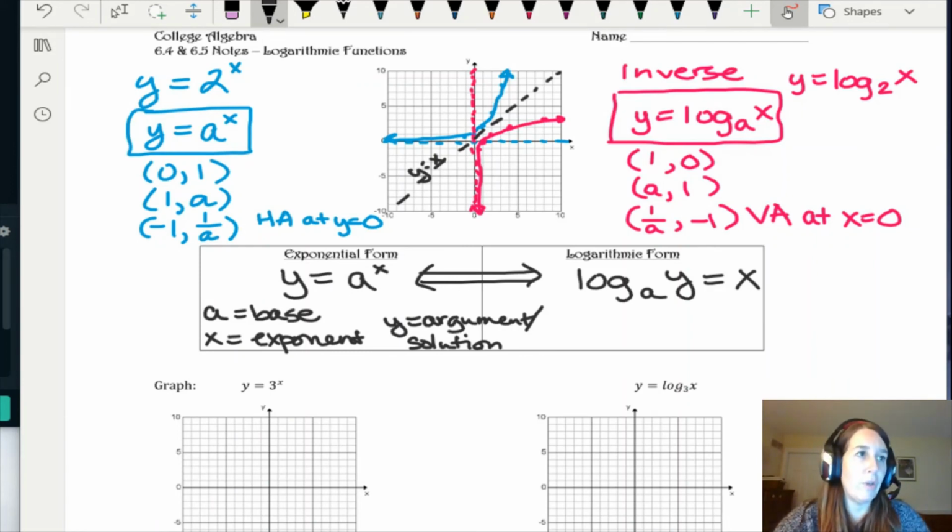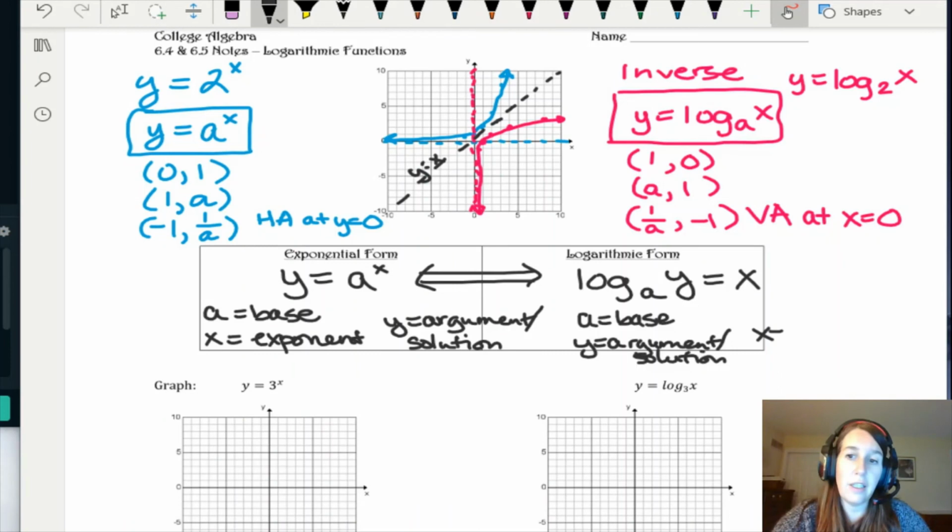So the argument or the solution. Over here, they are actually equal to the exact same thing. So the a is still the base, the y is the argument slash solution, and the x is still the exponent.